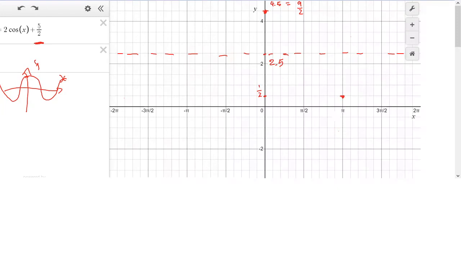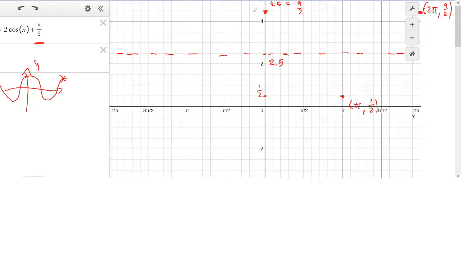So we've got a point there, labeled pi, a half. And at 2 pi, it's back at its maximum of 9 on 2, so it's 2 pi, 9 on 2.